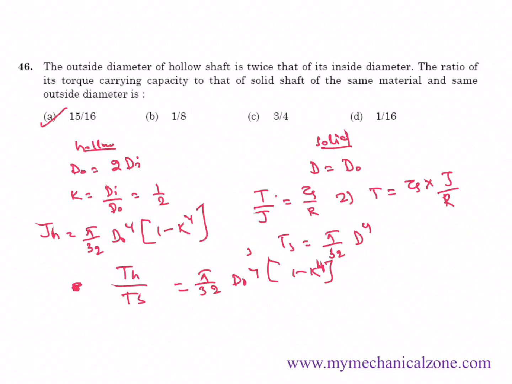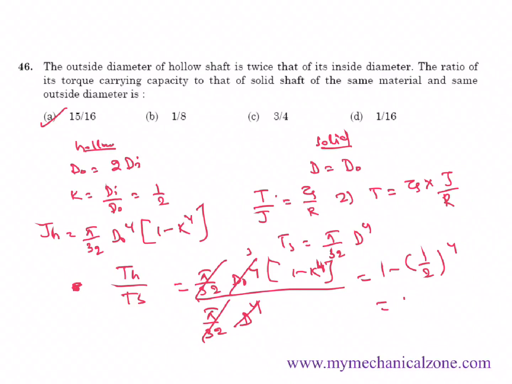Tau S term also I am not writing. K is 1/2. It's 15/16. Same answer you will get.